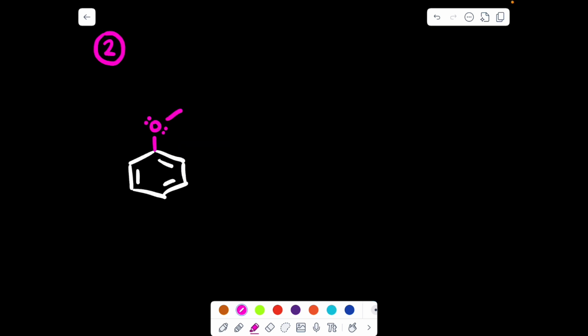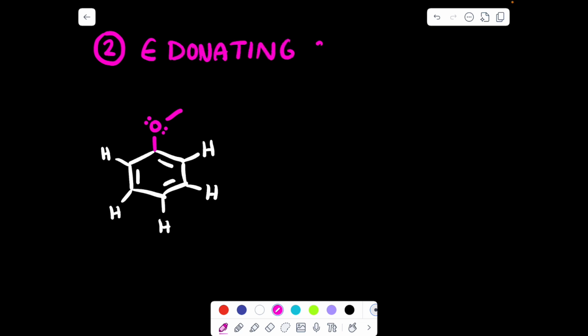And this brings me to topic number 2. Sometimes the groups attached to the carbons, a part of benzene, are not always just a hydrogen. The first type of group we're going to discuss is an electron donating group.